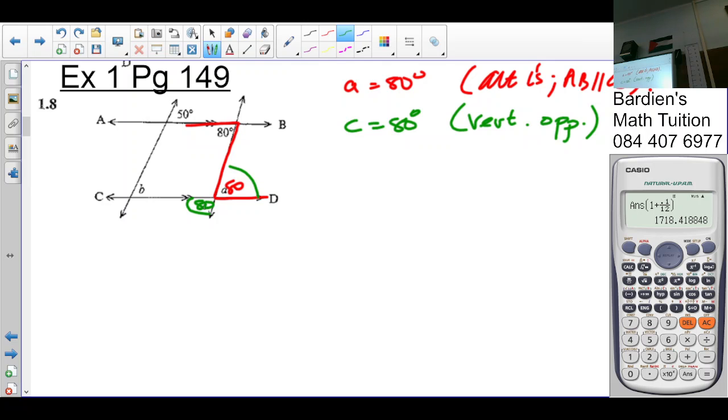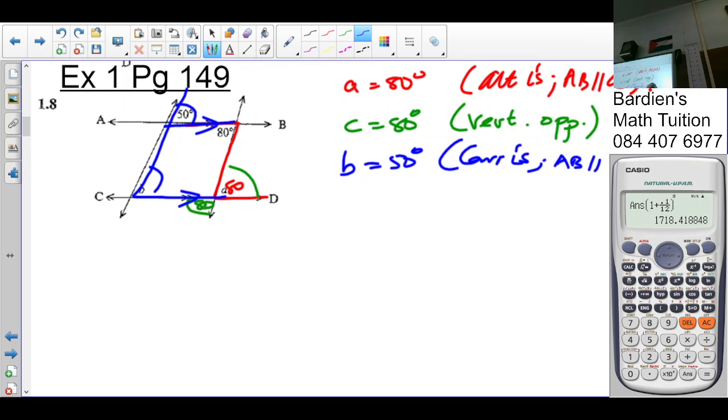Now B is 50 degrees, corresponding angles with AB being parallel to CD. Yes, corresponding, the F. Can you see that? Nice.